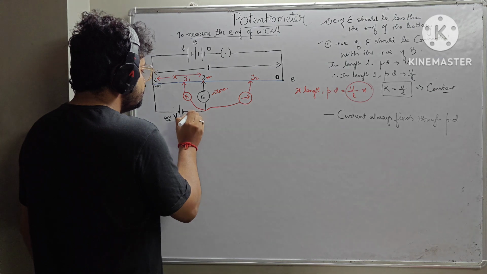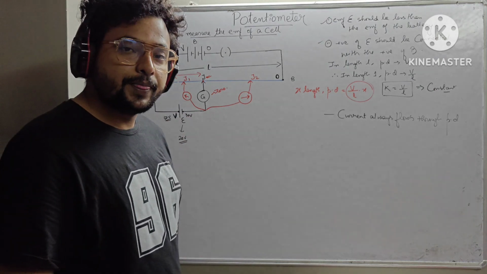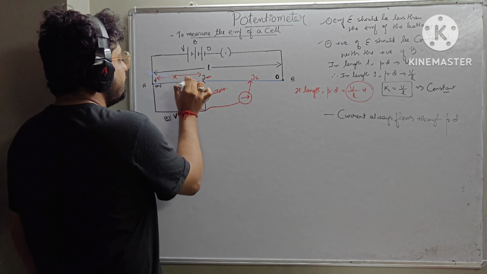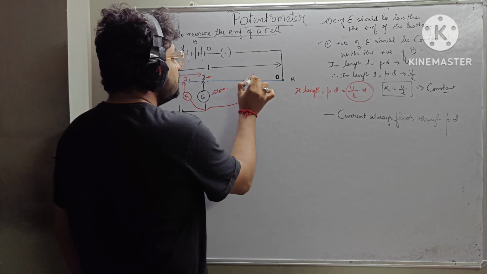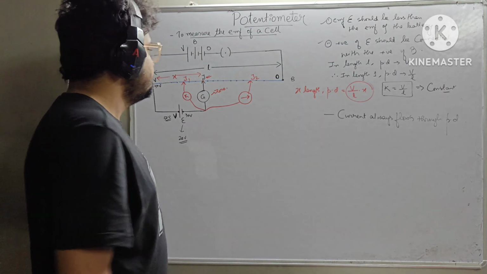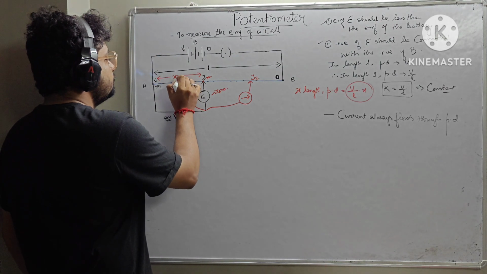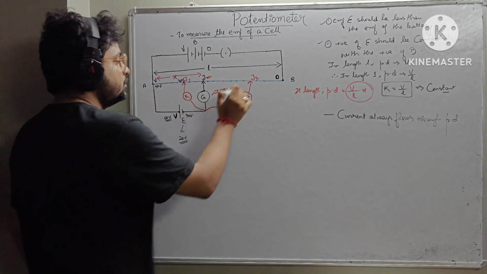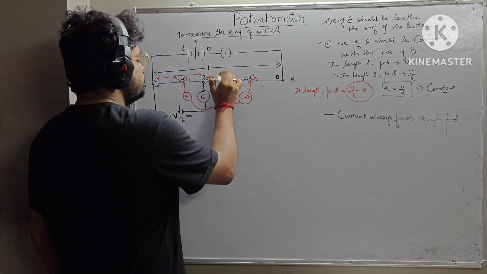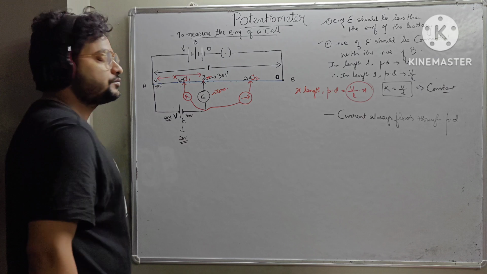So this one is 30 volt. Now see, as you go along this wire, the potential is going to drop from 50 volt to 0 volt. Suppose this particular point is 40 volt, this particular point is 20 volt, and this particular point is suppose 30 volt.